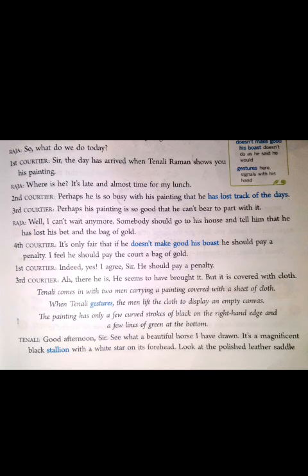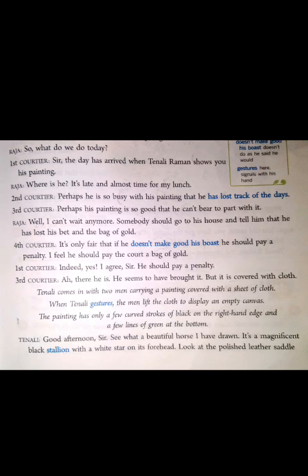And the third courtier is giving some type of mocking statement that his painting is so good that he is not even able to show us all. Raja says that now it's time for his lunch, and still Tenali did not come. So he has already lost the bet and the bag of gold as well.